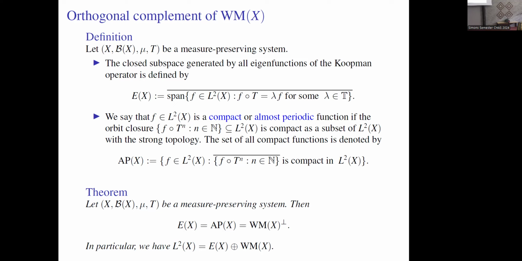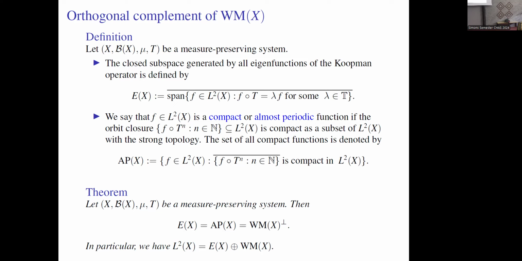So the first concept is we consider the space E(X). This is the span of all L2 functions which are eigenfunctions for the Koopman operator for certain lambda from the torus. Well, this is a unitary operator, so therefore all eigenvalues lie on the torus. They have length 1.